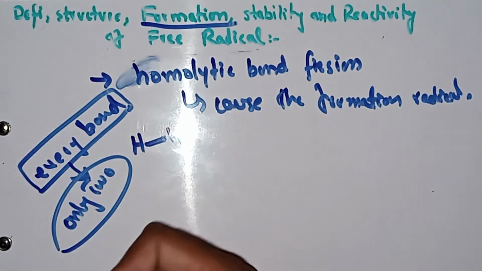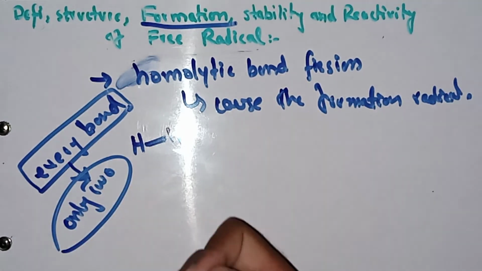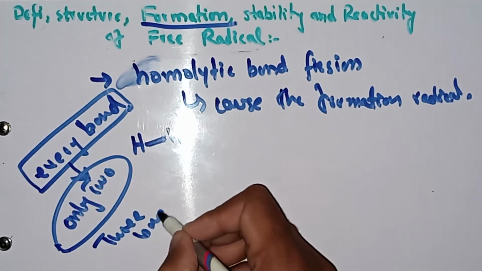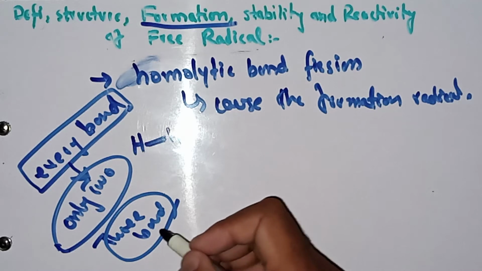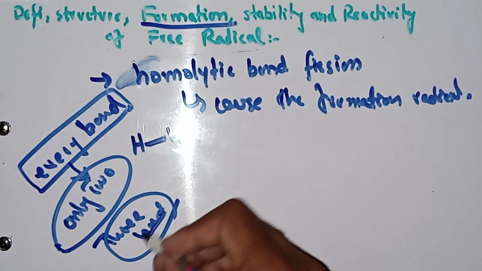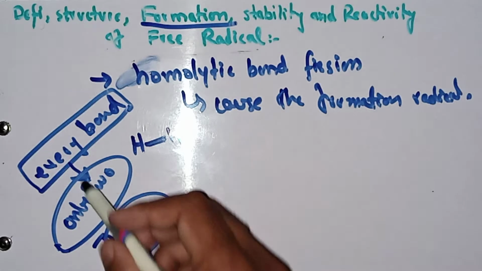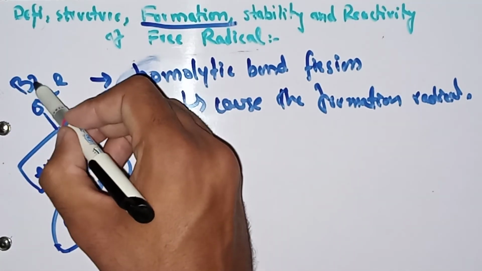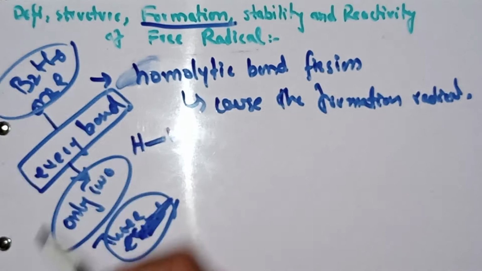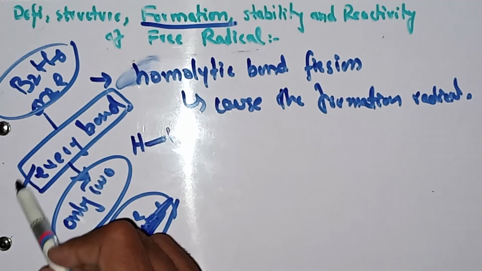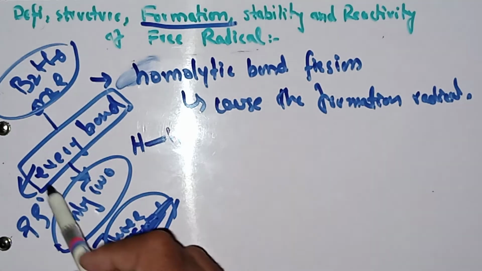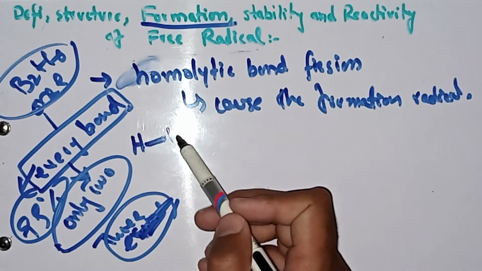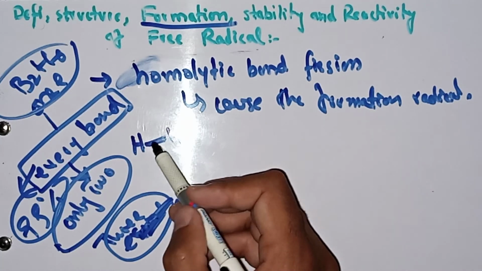There are some exception cases where a bond has three electrons, or where one electron exists in a single bond, like in B2H6. But in 90% to 99% of cases, every bond contains two electrons. So this bond has one electron from this hydrogen and one electron from the other hydrogen, a single covalent bond.